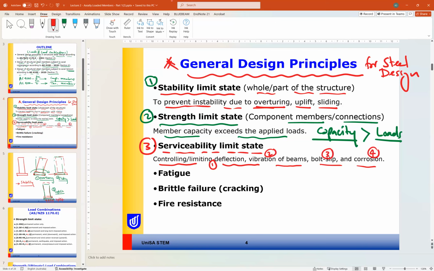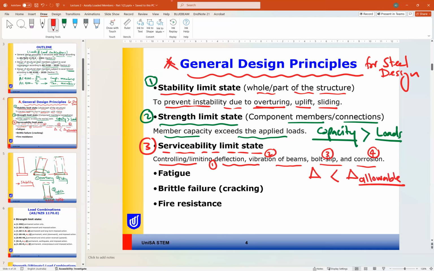To make sure that our building is serviceably safe, we need to make sure that any deformation or delta should be less than the allowable deflection for this element or this member.